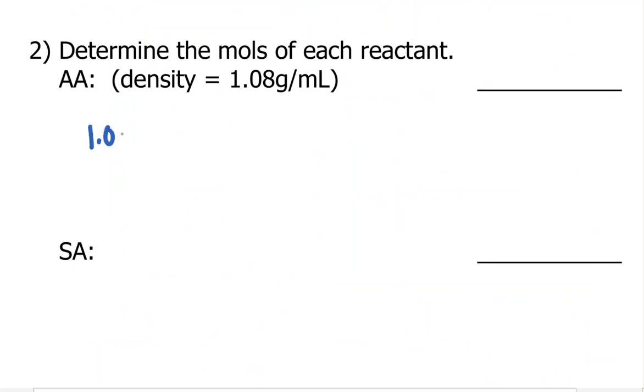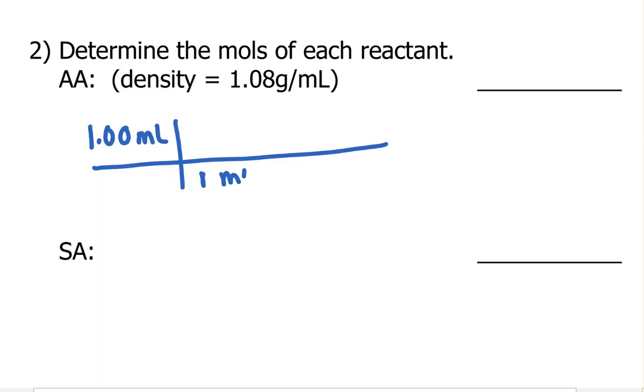The acetic anhydride is kind of different because it is a liquid. So instead of weighing it out, we're going to get a volume in our graduated cylinder. This is not the volume you use, by the way, but in this example. And so we need to use its density to convert it to grams.